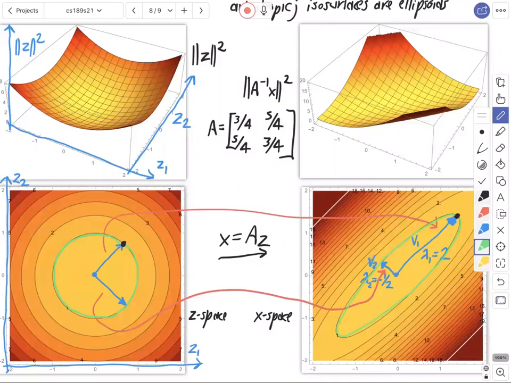And therefore, those eigenvectors become the axes of this ellipse or ellipsoid, and the eigenvalues become the radii along each of those axes if you started with a unit circle. Let's try to verify that.